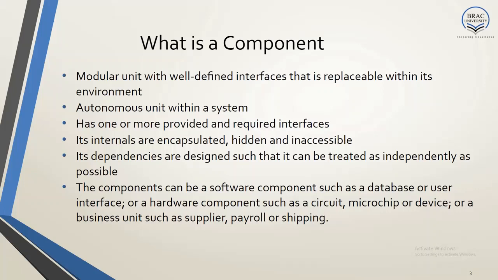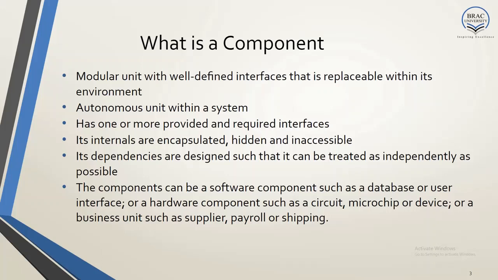So we design each component in such a way that it can be replaceable, and whenever we replace a component, it's not going to require us to change the whole system or whole software. That's how each of these components is designed.